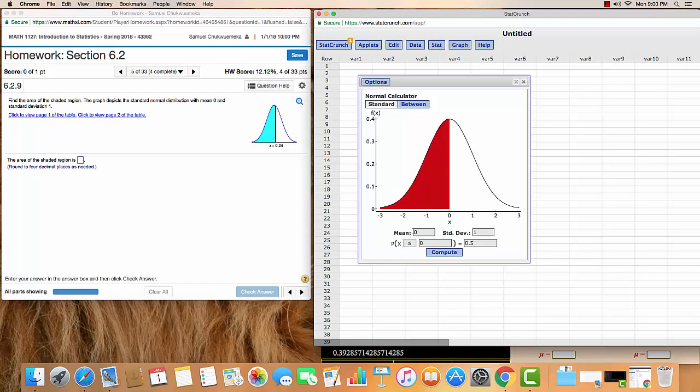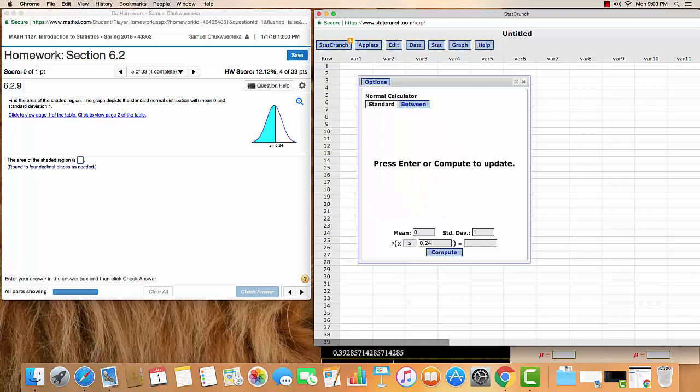With a standard normal table, as you can see, the mean is 0, standard deviation is 1. I know they wrote x here. Don't worry about that. I know you saw z, but that's fine. Just put 0.24. It's the same thing, because the standard normal distribution table is with mean 0, standard deviation 1.